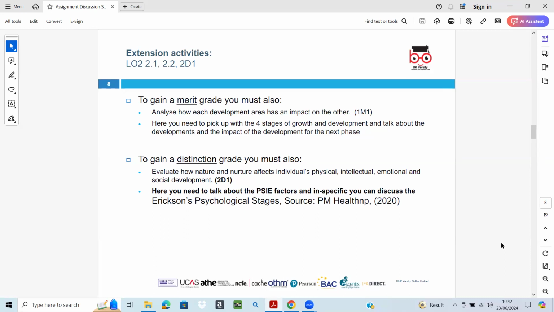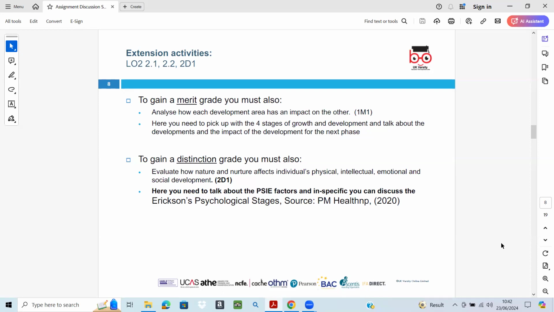We could also focus on the PSI factors, and specifically we could discuss Erikson's psychological stages to explore the impact of both nature and nurture on individual development.